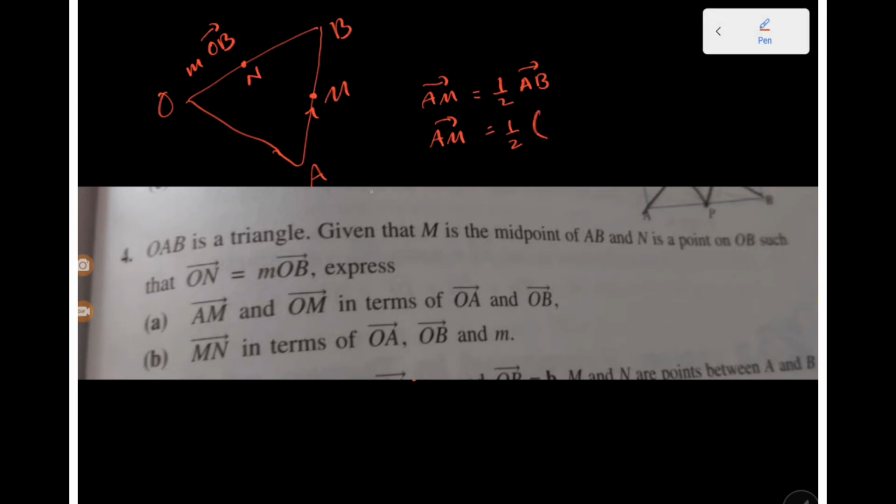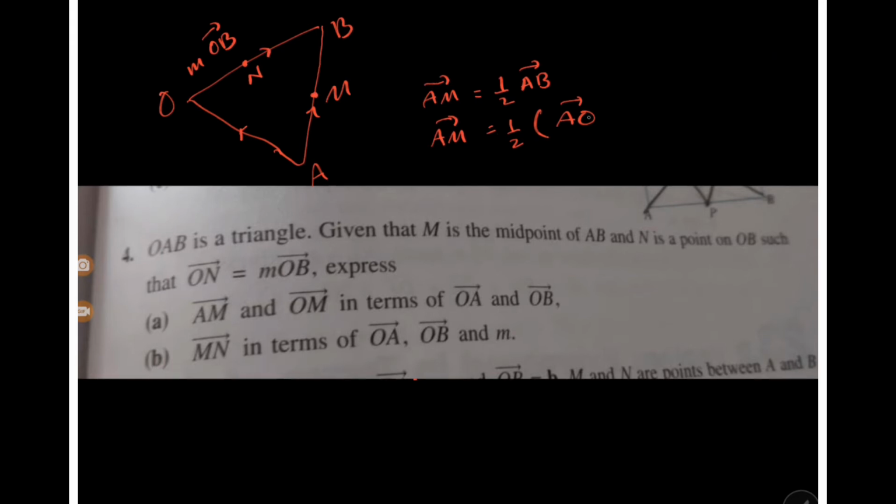In order to go from A to B, you need to go from A to O first, AO, and then O to B, plus OB.